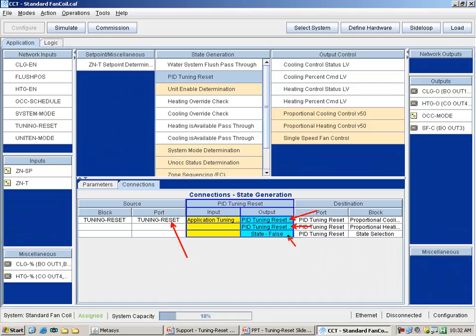And the second output, which is the state output, is actually going to the state table. So we can see from this that there are two modules that are receiving the PID tuning reset output from the state generator. Let's now take a look at an example of when the tuning reset would be implemented.